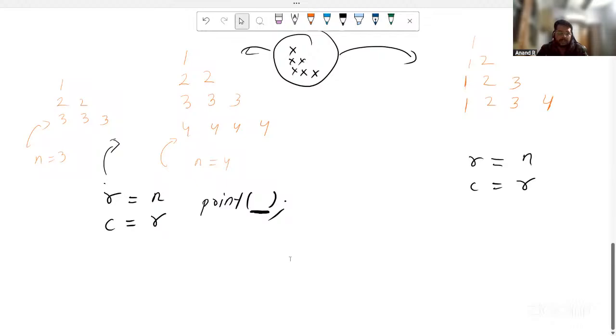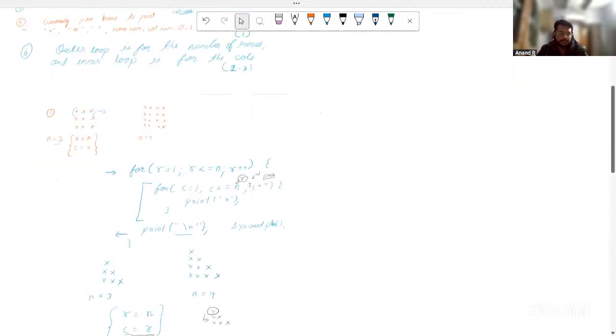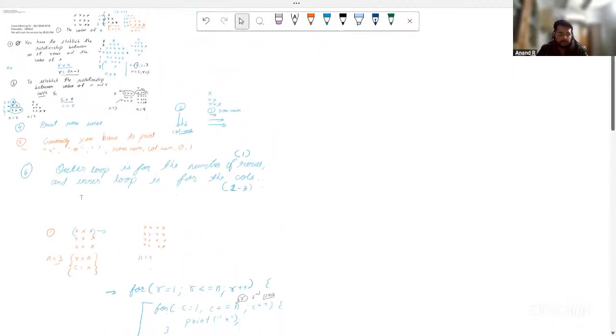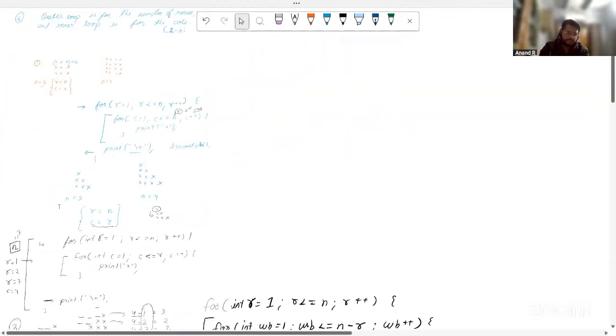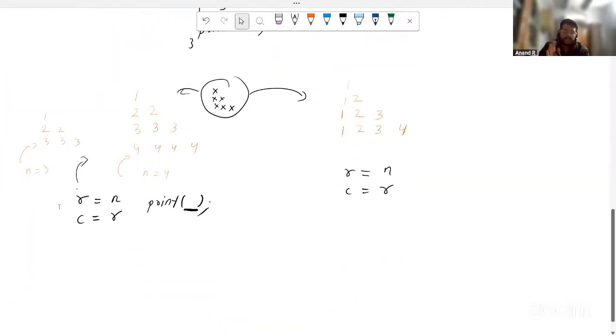If you want, you can look into this fifth point. Generally, you have to print star, hash, row number, column number, or 0 or 1. Generally. So can you tell me what exactly you have to print here? You have to print the row number, correct?